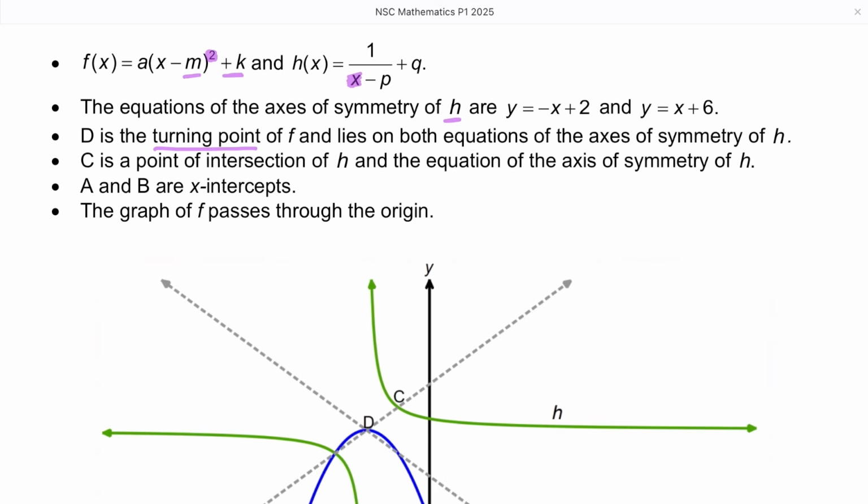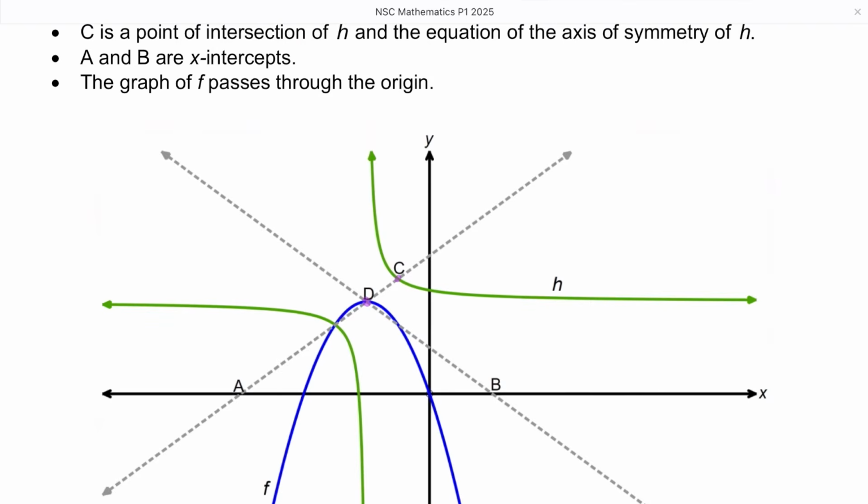That means that D on the diagram is a point of interception for the axis of symmetry, and it can be used to get the turning point. Then they tell us C is a point of interception between h and its axis of symmetry. A and B are x-intercepts. We can see that's also the x-intercepts of the axis of symmetry, and the graph of f passes through the origin. So that means that there is a coordinate on our graph 0 and 0.